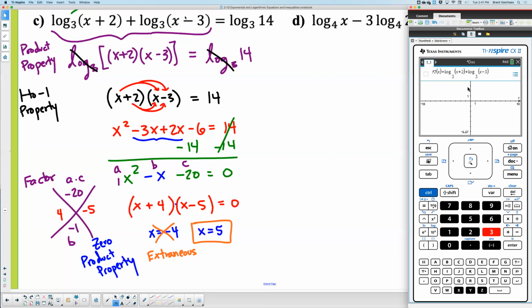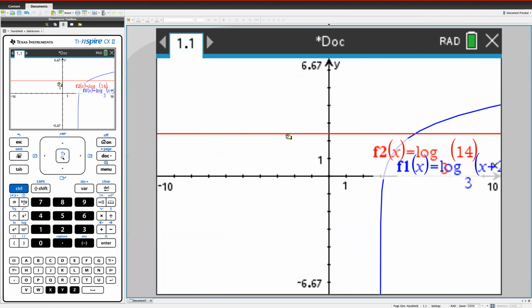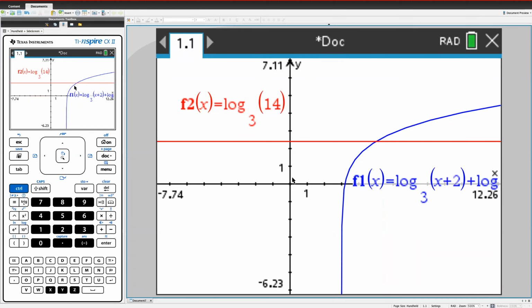And what I'm going to compare that to is, as a second equation, the log base 3 of 14. I want to compare it to that, and I want to see where these intersect. Now, as I go full screen here, you will see there's only one intersection between these two logarithms. There's only one place these logs intersect one another.